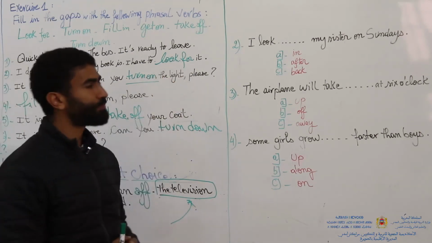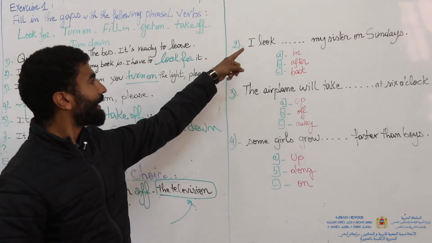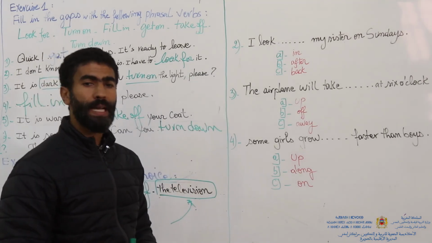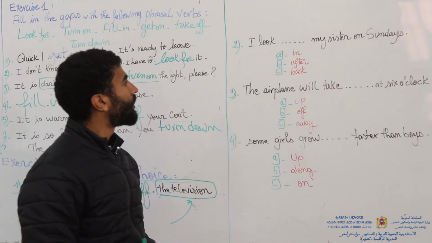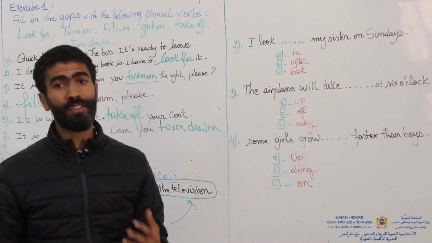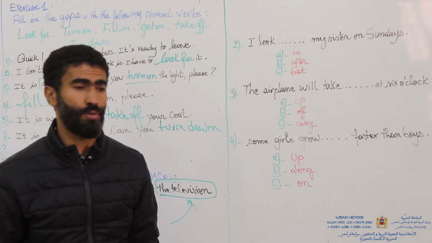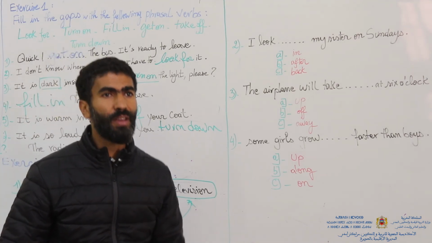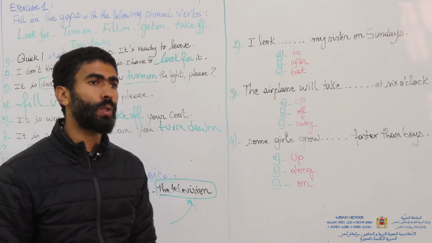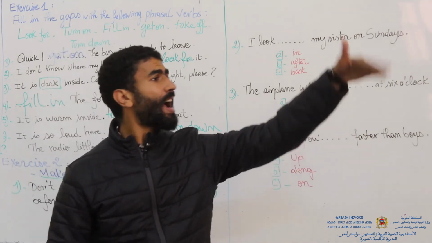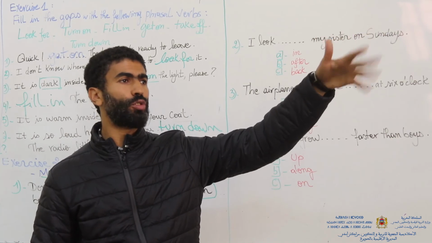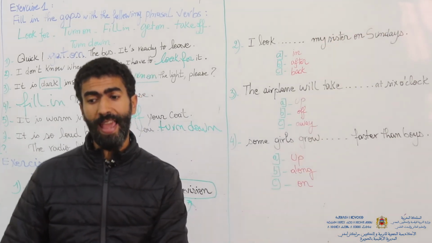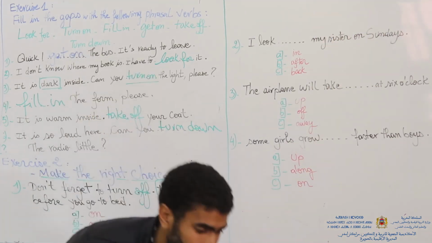Second sentence. I look my sister on Sundays. Especially if your sister is younger than you. Maybe she is 7 or she is 8 years old, and your parents are out. For example, they've gone shopping, and then they ask you to stay at home with your little sister.